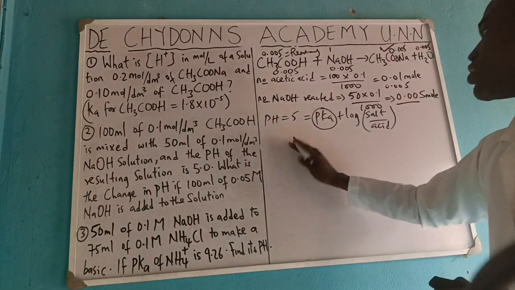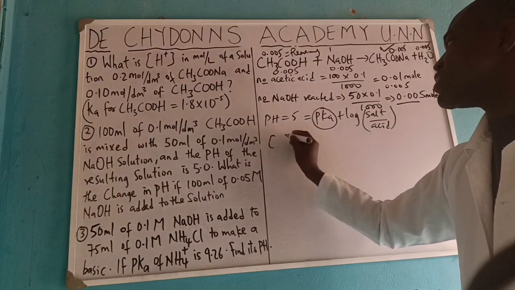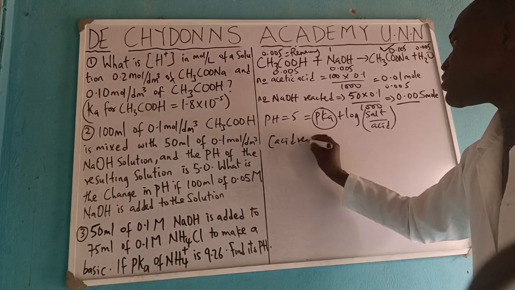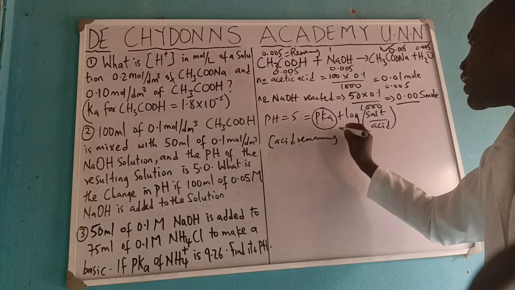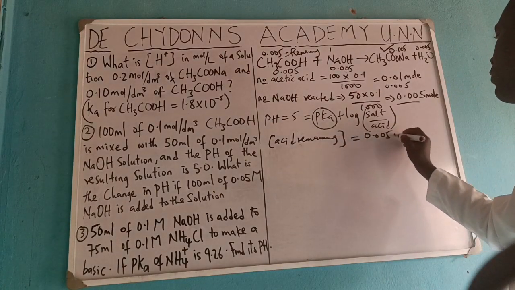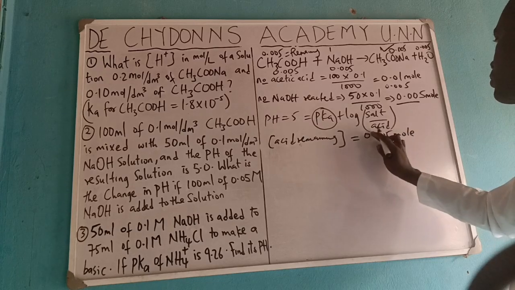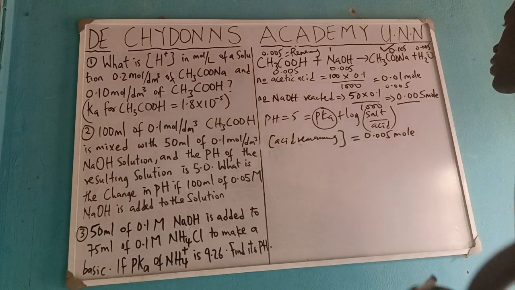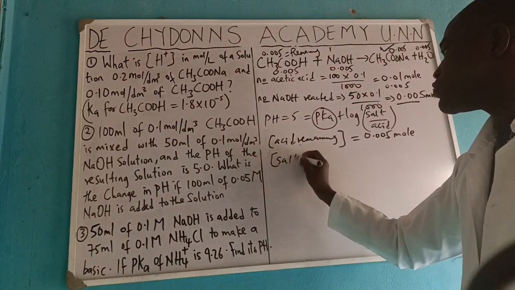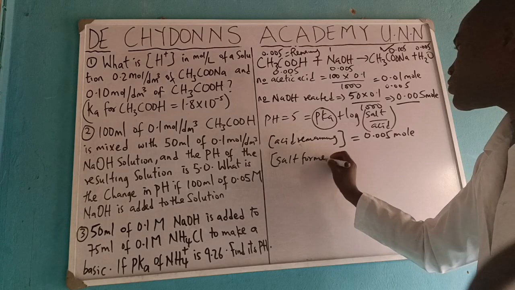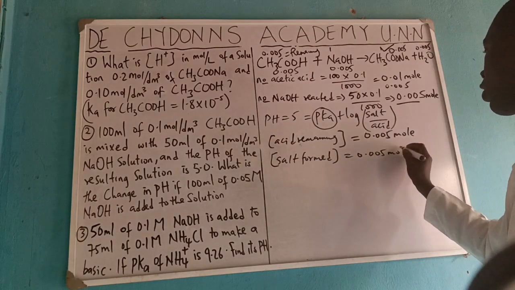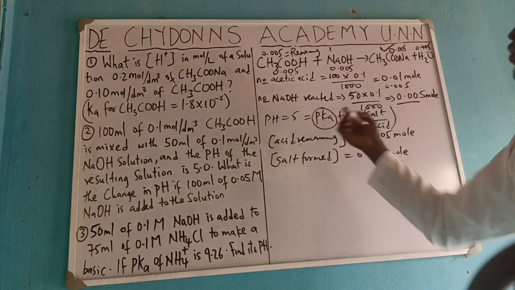You note that the acid remaining in that first solution is 0.005 mole. Then the salt formed will be equal to 0.005 mole also. So we are looking for pKa.